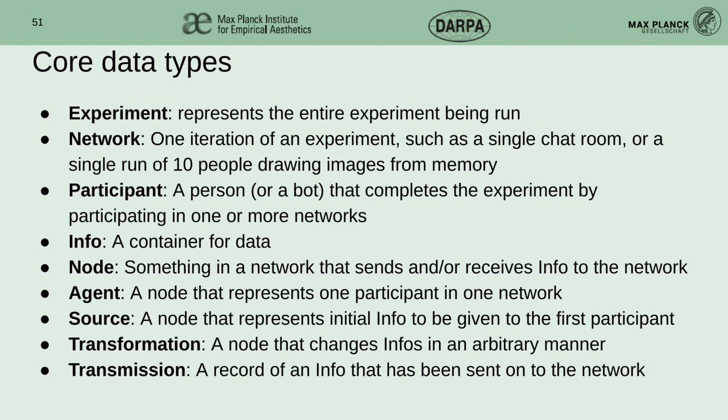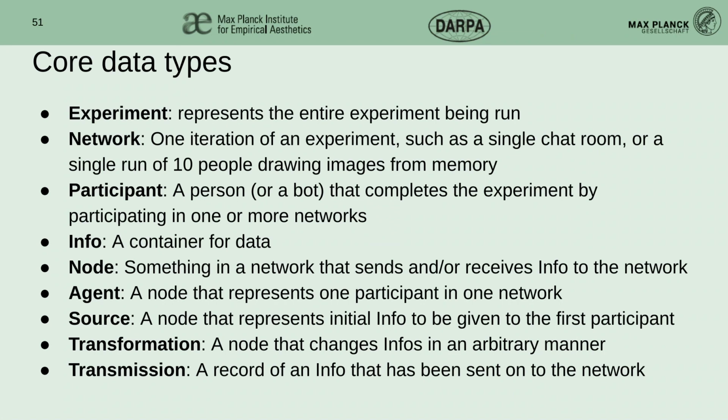Network is how people interact, how data is transmitted along a transmission chain, or how people can see what other people are doing. So it could be a chat room where everyone can see each other, or it could be iterated drawing where we have 6, 10, 15 people having data passed from one to the other.